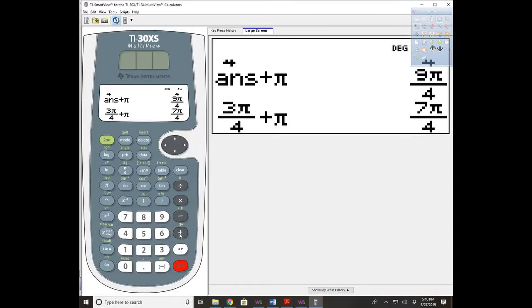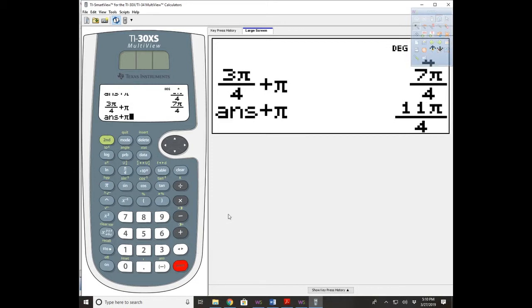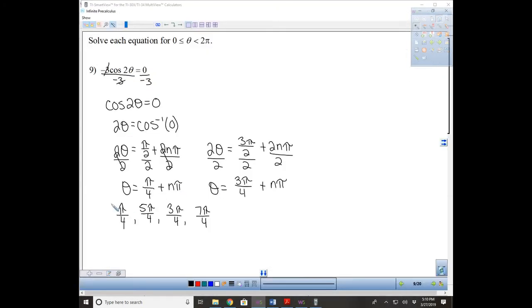And then I'm going to add pi again. That's bigger than 2 pi because 4 goes into 11 2 times with 3 left over. So it's actually 2 3/4 pi. So that number is bigger than 2 pi. So these are my only angles. So all of these are the answers that would satisfy this equation.